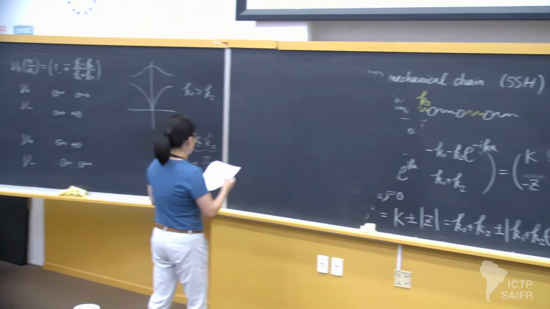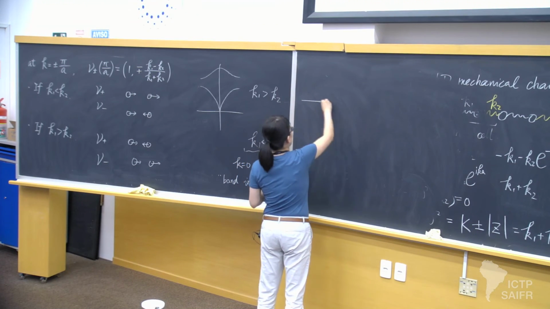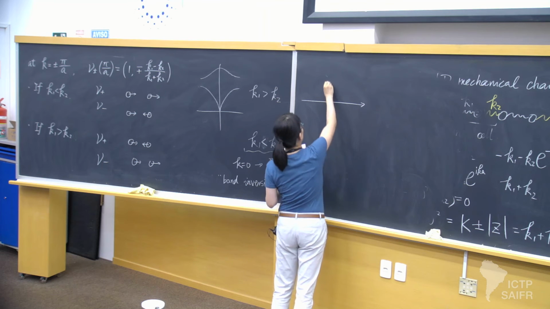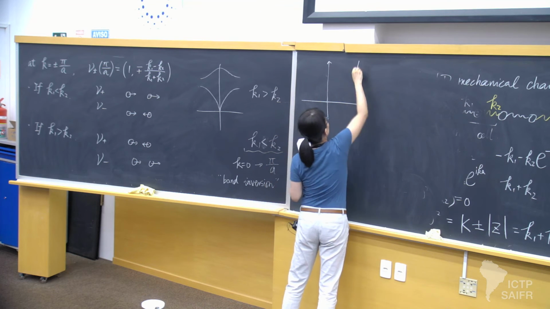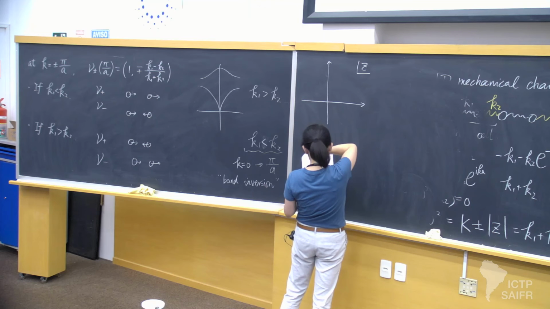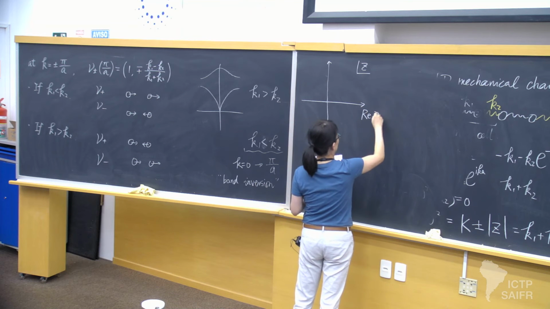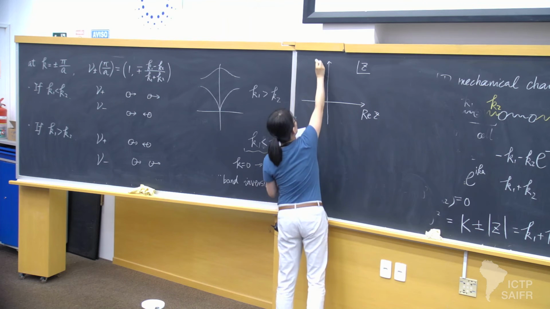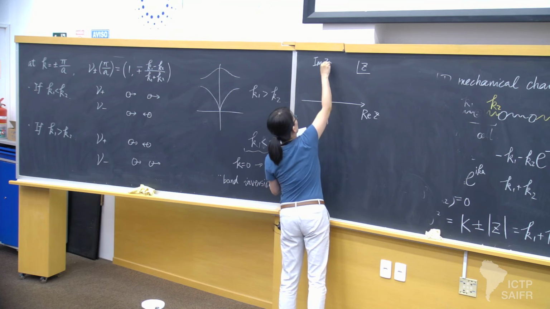So let's draw z on a complex plane. This is the real part of Z. This is the imaginary part of Z.